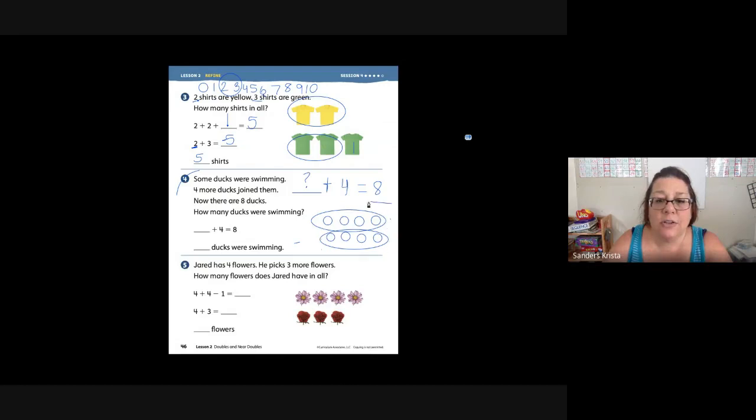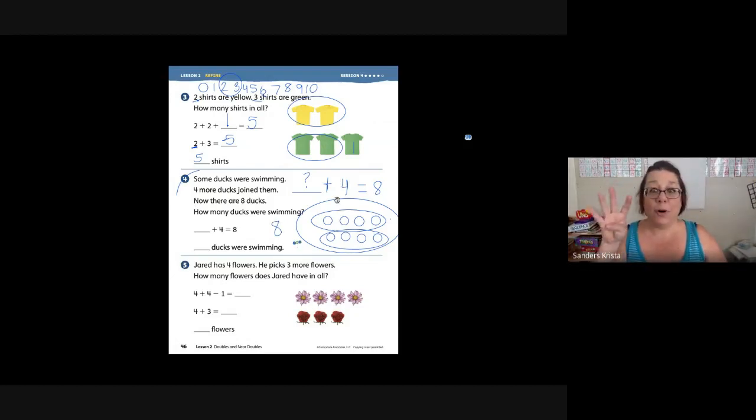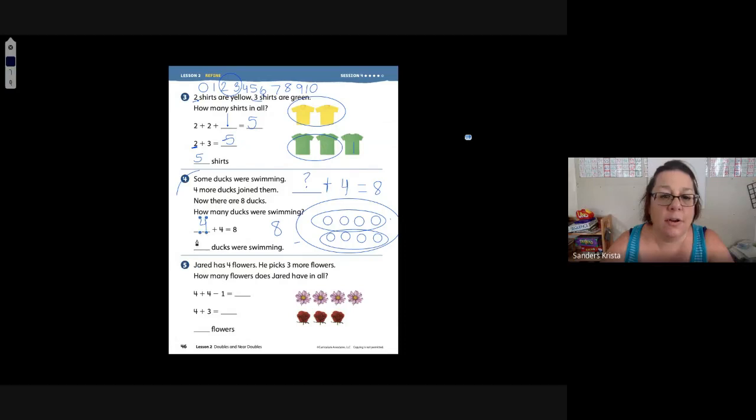And then I had a total of 8, right? So what is my addition double? 4 plus 4 equals 8. That's great. So that missing addend was 4. There were 4 swimming to begin with.